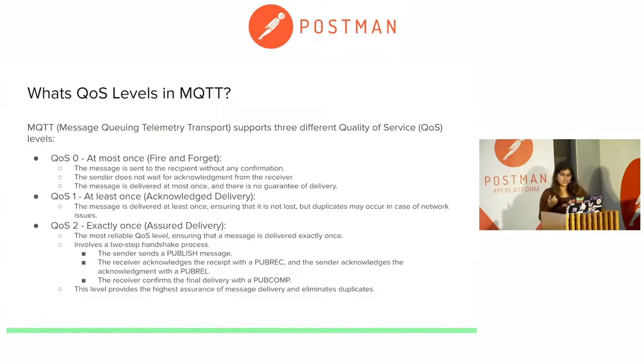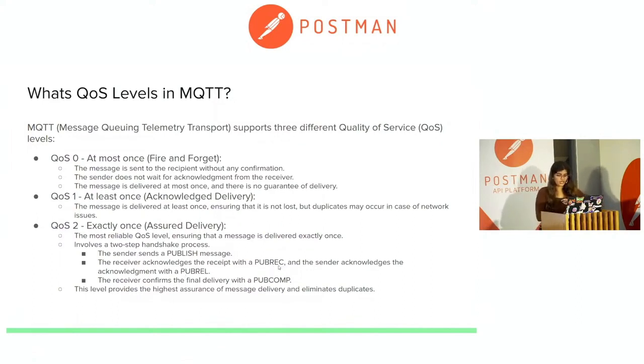The next quality of service level is exactly once, or assured delivery. This is the most reliable level, ensuring that a message is delivered exactly once. It involves a two-step handshake process: the sender sends a publish message, the receiver acknowledges the receipt with a PUBREC command, and the sender acknowledges the acknowledgement with a PUBREL.